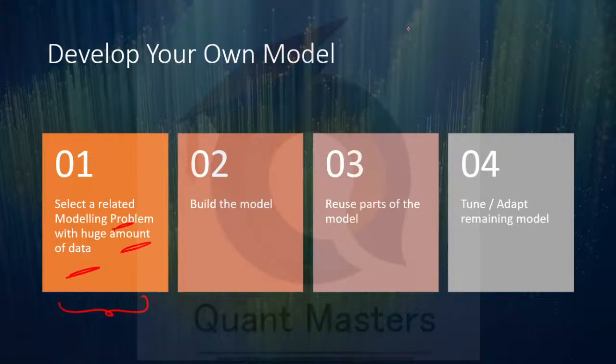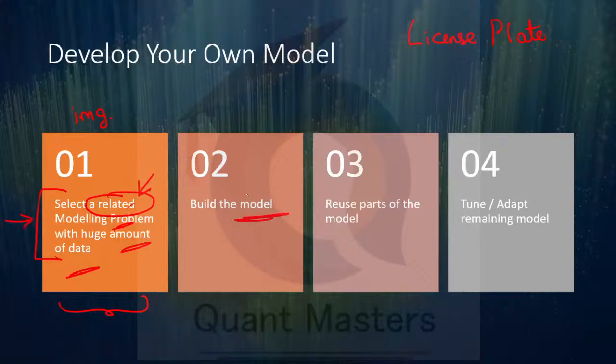Let's say you're trying to predict the license plate number or license plate text, whatever it could be. Since you don't have a related modeling problem, you have to find images of numbers or images of letters or anything like that, a similar modeling problem, and you have to train a model on that.